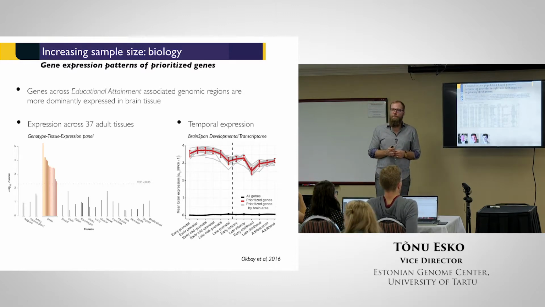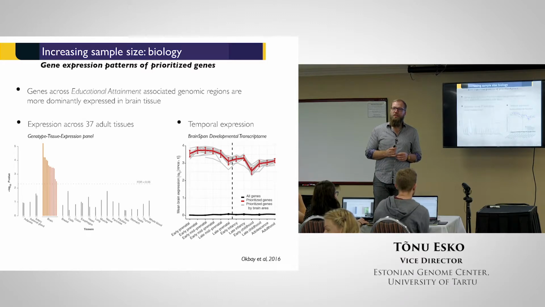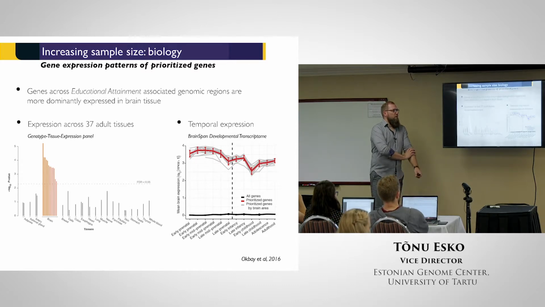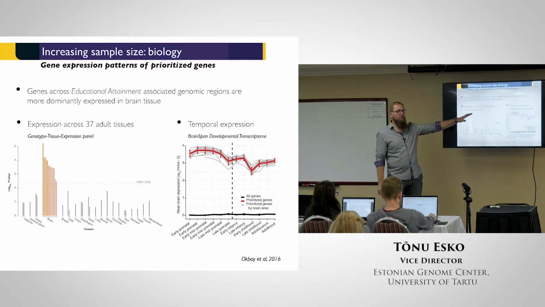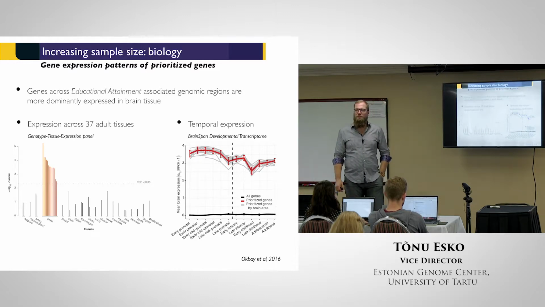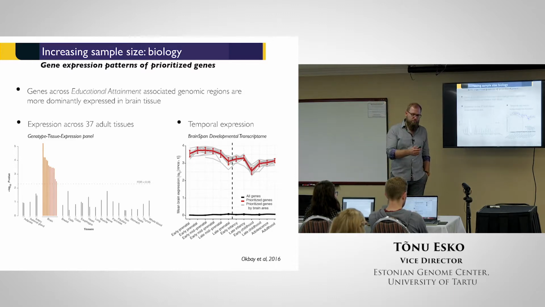Is that the tool, DEPICT, also used for this temporal expression? How does one find it? I think there is no tool for that, so it's a custom-made analysis. But the temporal expression data is possible to download. James can probably explain more. You go to the Allen Brain Atlas and you can download it.